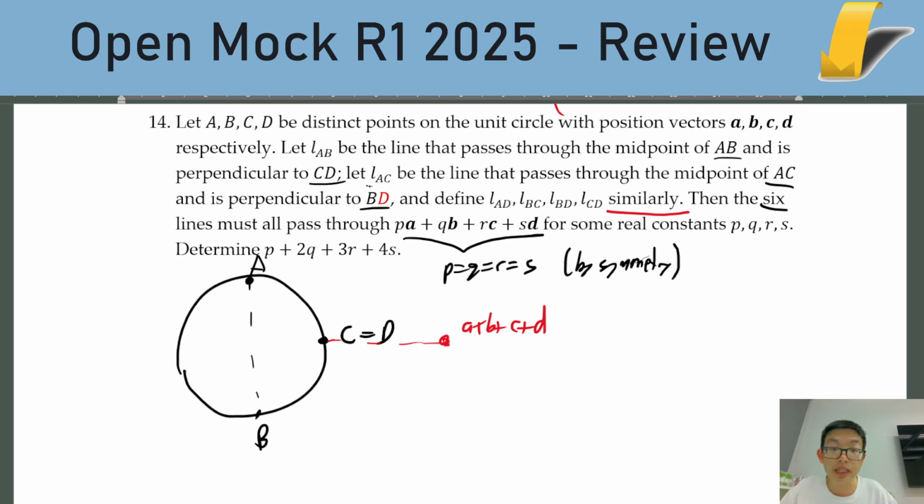I can pick line AC because that is actually going to be well understood. All right, this is your midpoint of AC. This is supposed to be perpendicular to BD, which means that your line AC is this line itself.